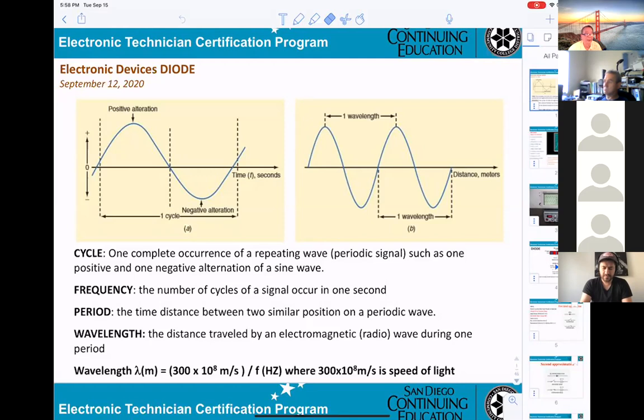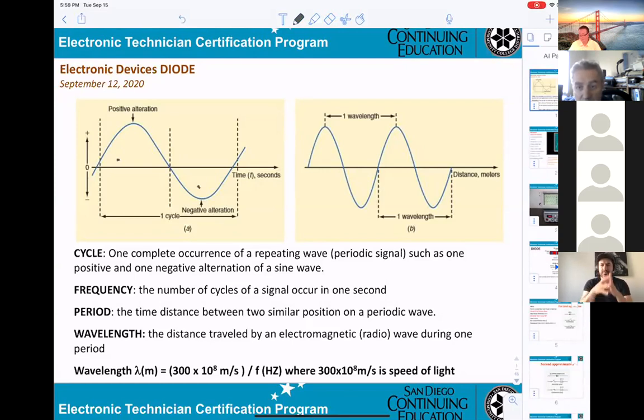Why would it be AC? The reason is the signal varies with time. That means it is positive here, and this is negative, and it keeps going forever.